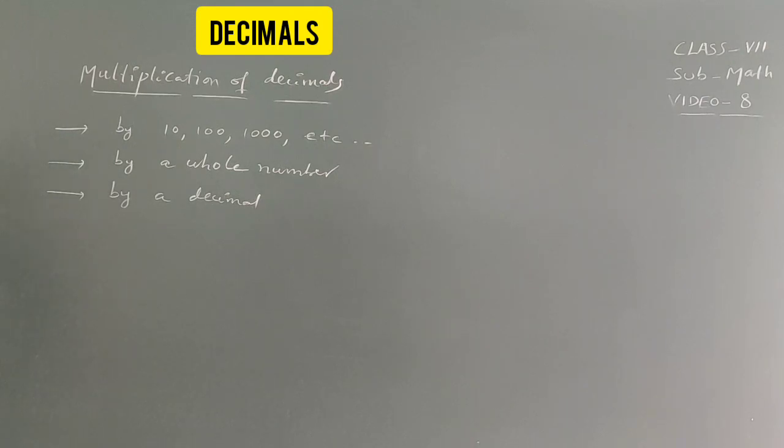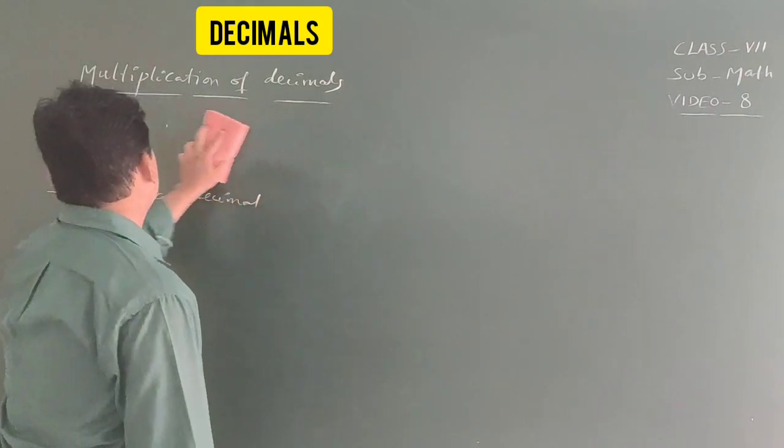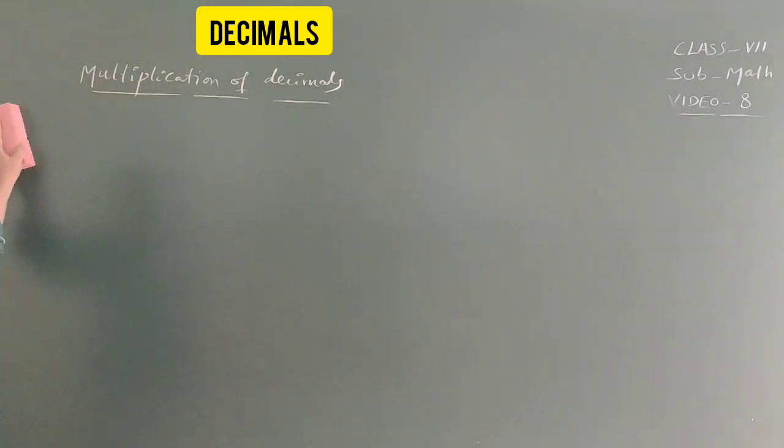For the first one, we have to follow some rules. First, on multiplying the decimal by 10, the decimal point is shifted to the right by one place.